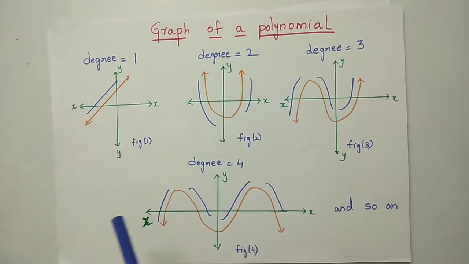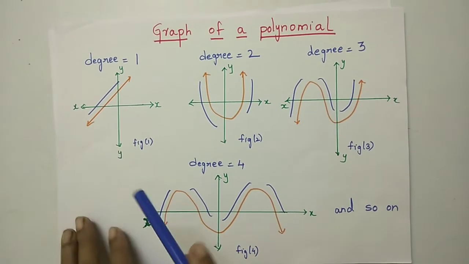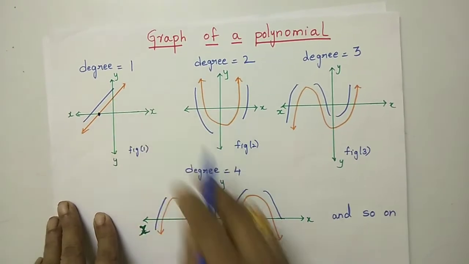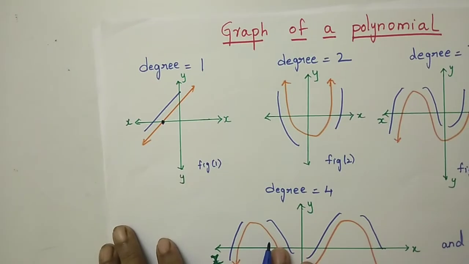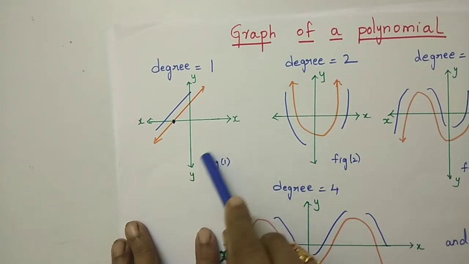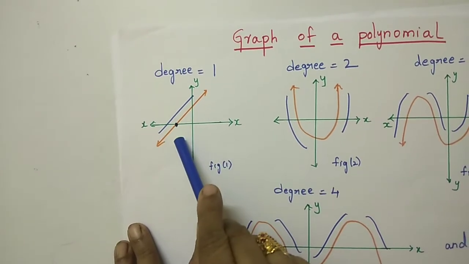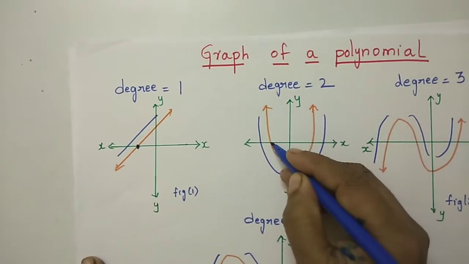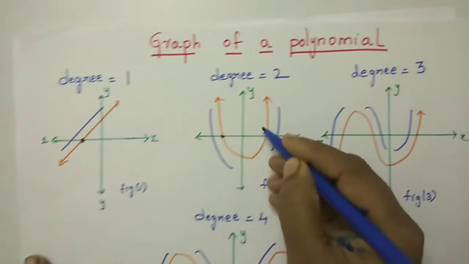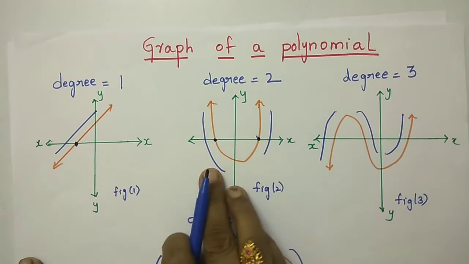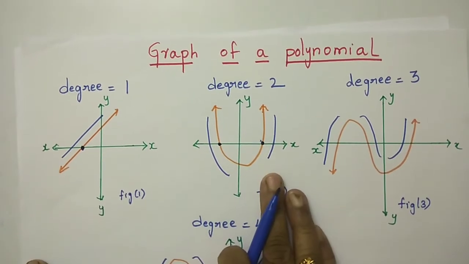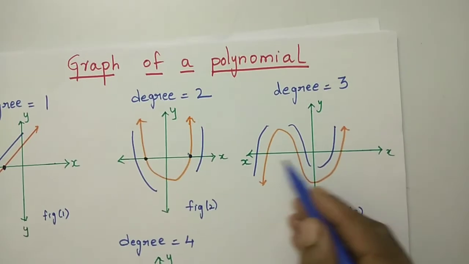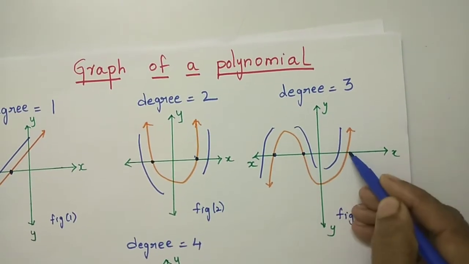Zeros of a polynomial are nothing but the points at which the y value is 0 and x has some value. In figure 1, you can observe at this point the y value is 0 and x has some value. Similarly, in figure 2, at these 2 points the value of y is 0 and x has some value. In figure 3, at this point the value of y is 0.